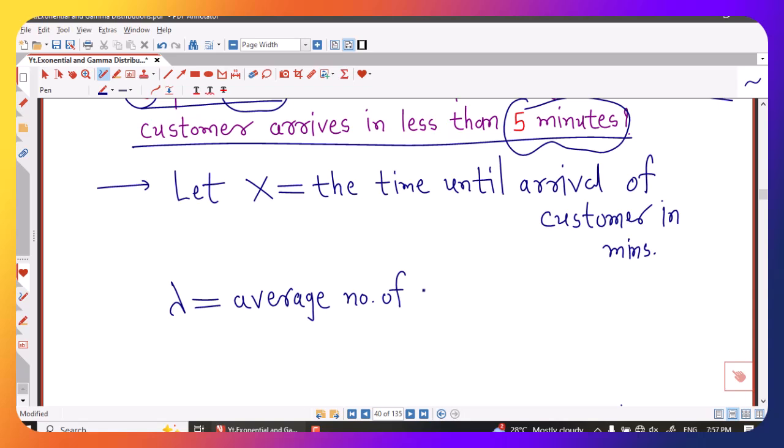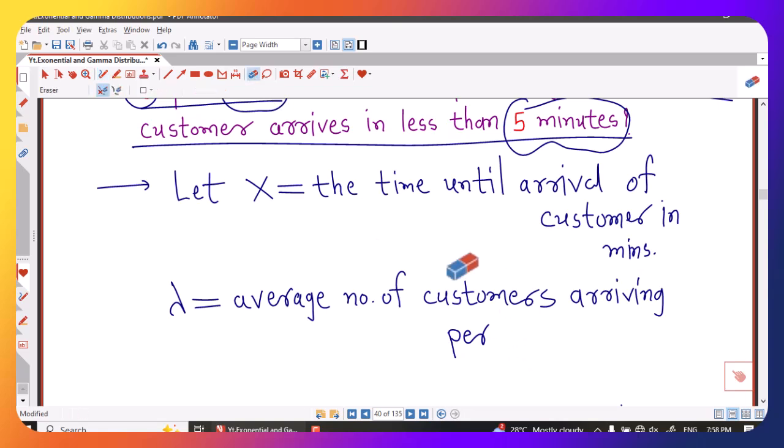Therefore lambda is average number of customers arriving per unit of time. Here unit of time is minute, so we have to consider average number of customers arriving per minute, that we require to apply exponential distribution.